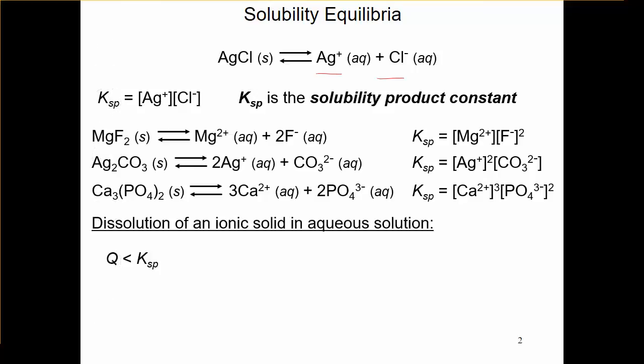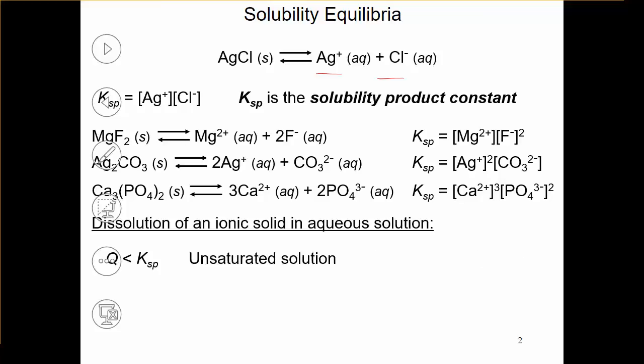Now, how do I know when this equilibria is saturated, unsaturated, or supersaturated? Okay? So if my Q, remember Q? Q is the reaction quotient, and it determines which way it's going. Okay? So if Q, calculated from the initial concentrations, is less than my Ksp, then that means my solution is unsaturated, and it will continue to dissolve.